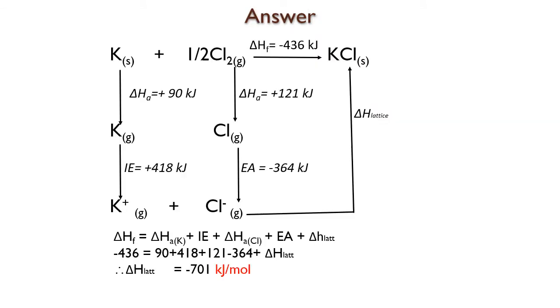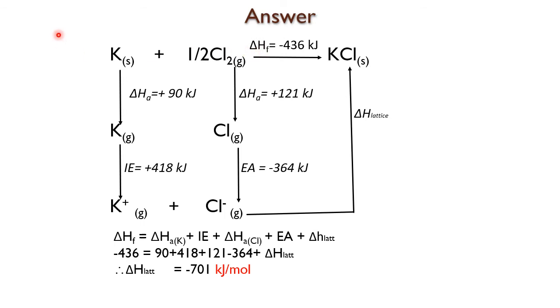Let's check the answer. So based on here, potassium element and then chlorine molecule element form 1 mole of potassium chloride ionic compound. So this is enthalpy of formation. Based on the information given, the enthalpy value is negative 436 kilojoule.